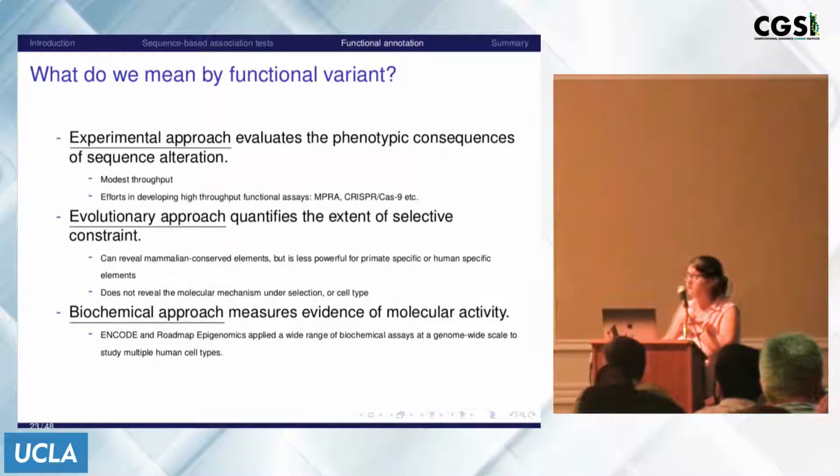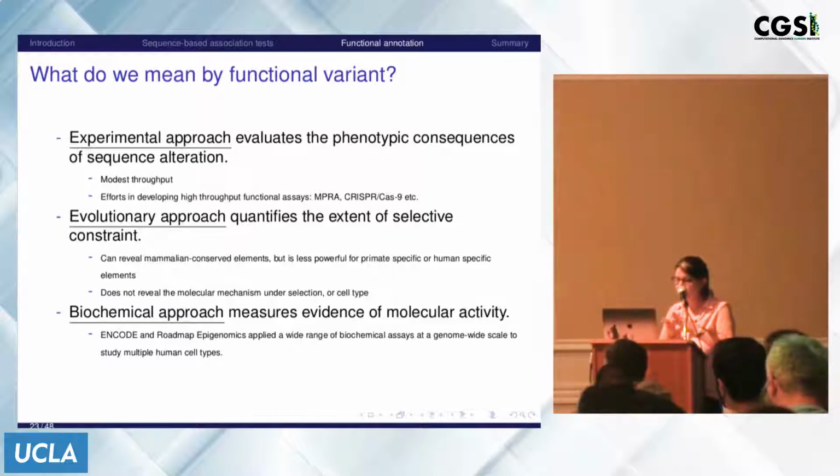So of course we have the experimental approach that evaluates the effect of a sequence change on a phenotype. This approach nowadays has modest throughput, although as you all know there is a lot of effort in developing high throughput assays for functional assays like CRISPR-Cas9 and multiplex reporter assays and so on.